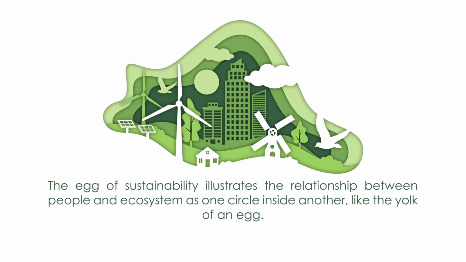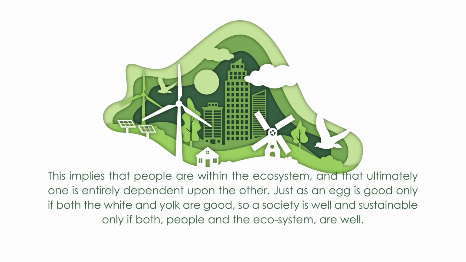This implies that people are within the ecosystem and that ultimately one is entirely dependent upon the other, just as an egg is good only if both the white and the yolk are good. So a society is well and sustainable only if both people, meaning society, and the ecosystem are well. So these are highly interrelated.